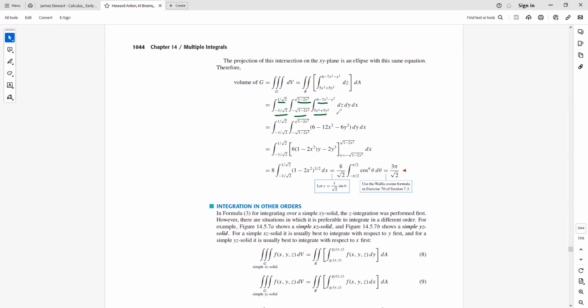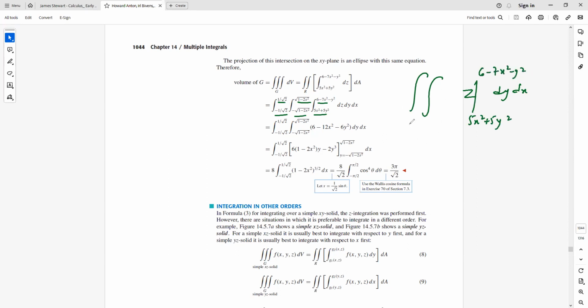And then we have to simply first integrate with respect to z. Therefore, we will get z here with dy dx outside, and the limits from 5x squared plus 5y squared to 6 minus 7x squared minus y squared.